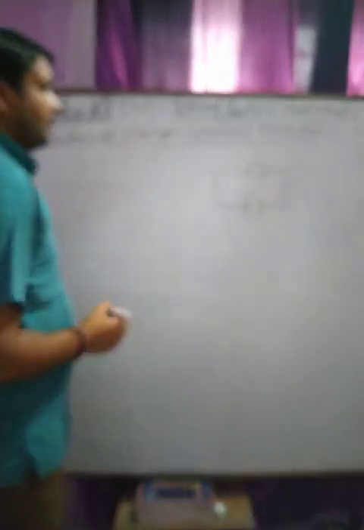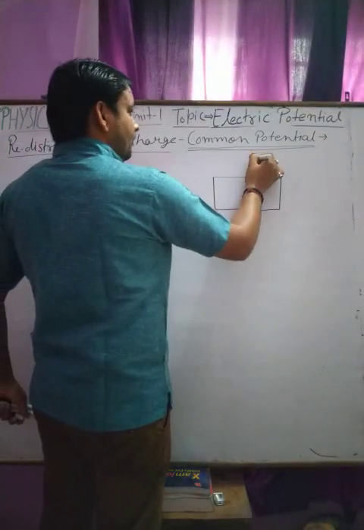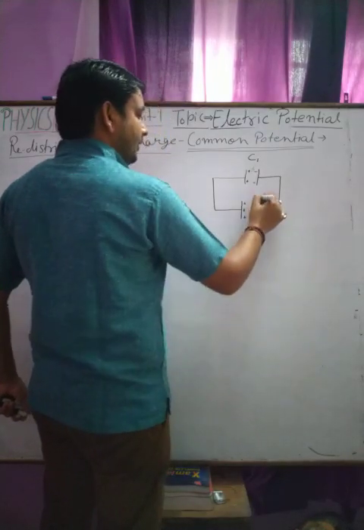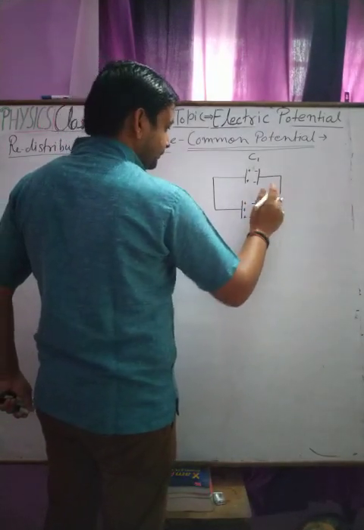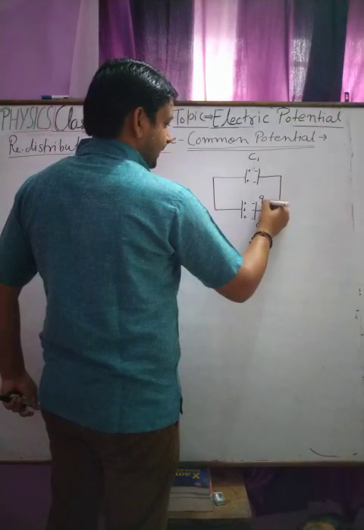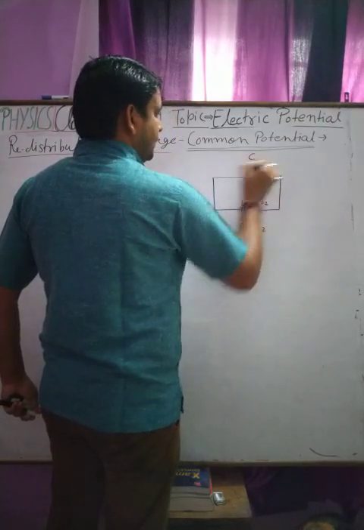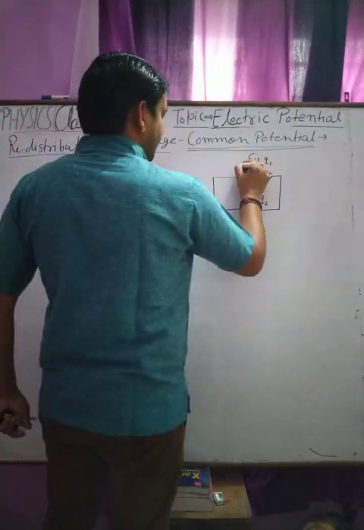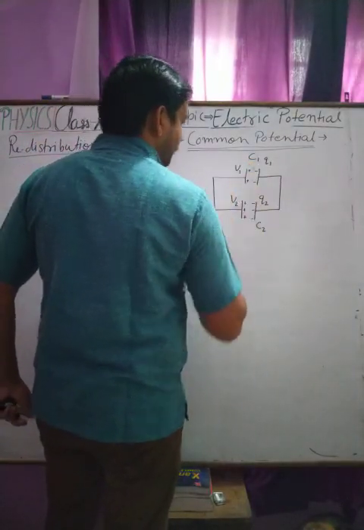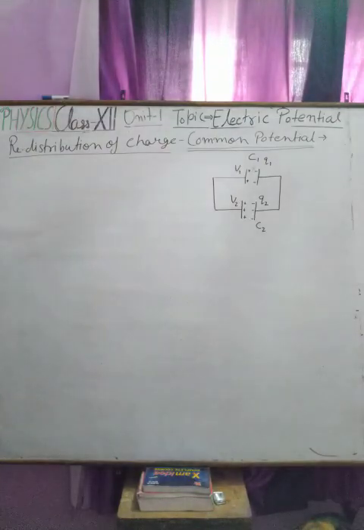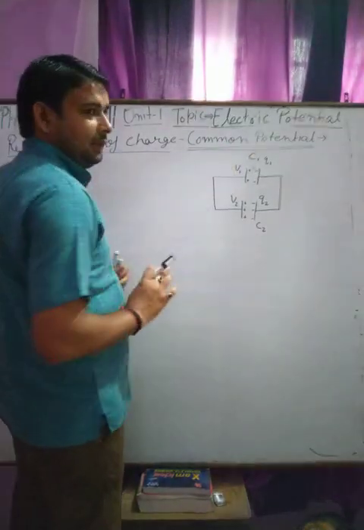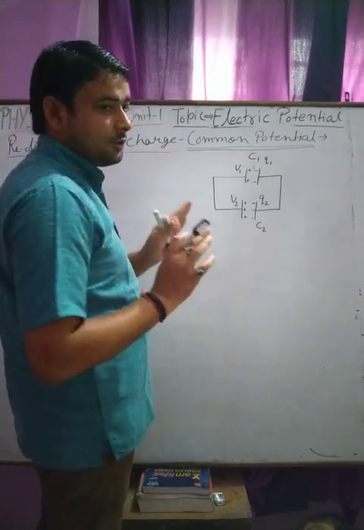Let the capacity of the first capacitor be C1 and the second C2, having charges Q1 and Q2 and hence potentials V1 and V2. We want to get the common potential after the redistribution of charge.